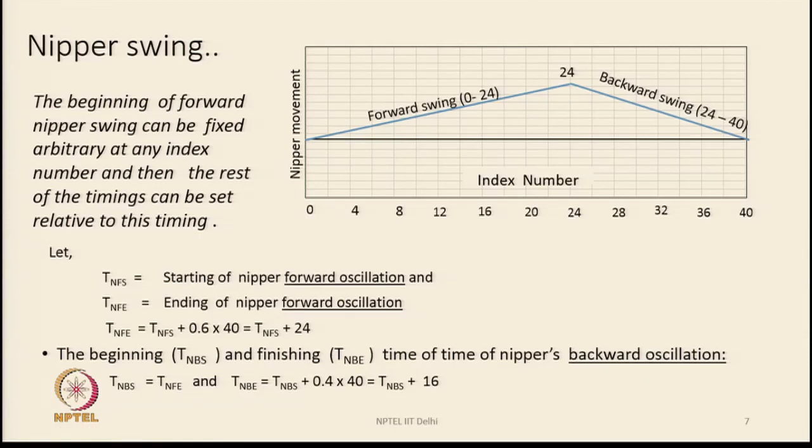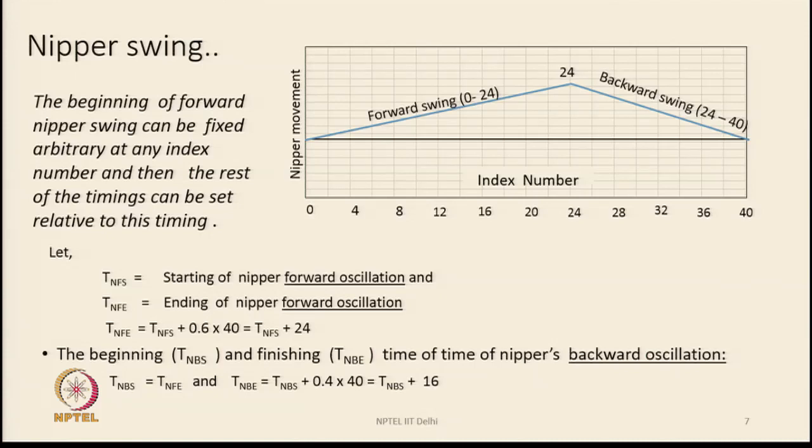So, if we look at this particular slide now, forward journey has to begin and has to end. Similarly, backward journey has to begin and has to end. So, the beginning of forward Nipper swing can be fixed arbitrarily at any index number to start with, and the rest of the timings can be set relative to this timing.